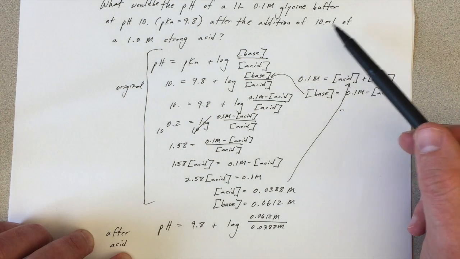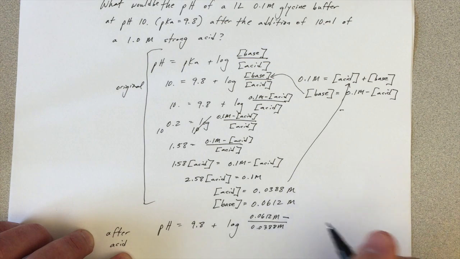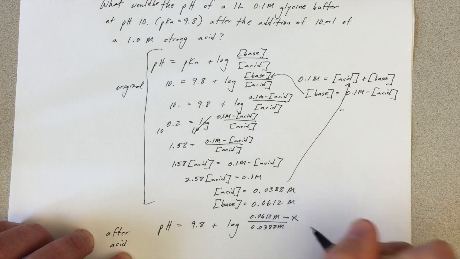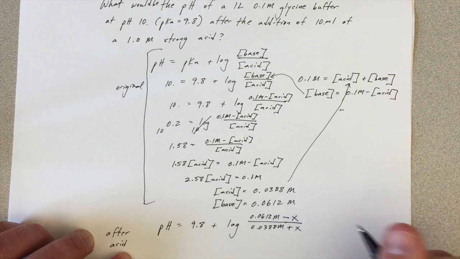So for every molecule of strong acid I add, I'm going to lose that same molecule of base, and it's going to convert it to a molecule of acid. And so my ratio is going to change by this factor X.